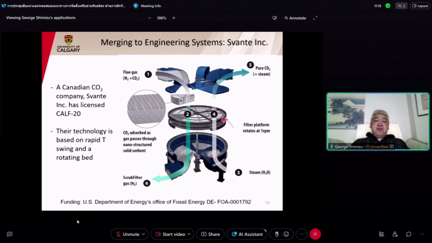So low-grade steam will pass through and remove the CO2, and then the water is condensed, and the CO2 goes off for sequestration. Then the bed is wet, so the bed is dried with hot air, and then it's cooled, and this wheel turns once per minute.